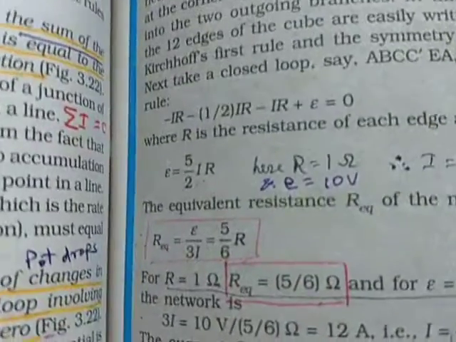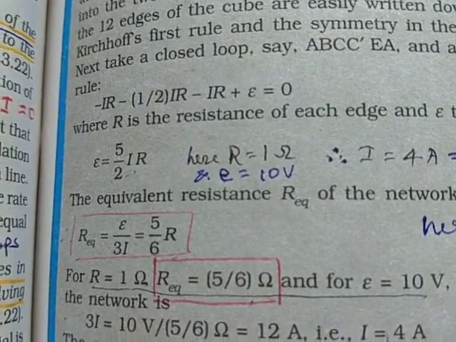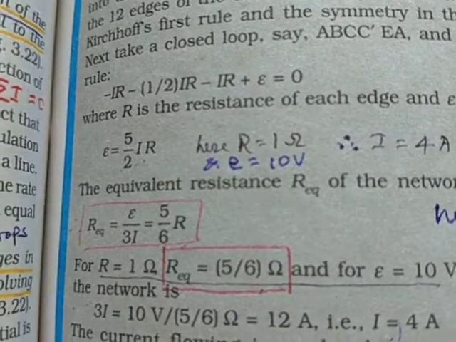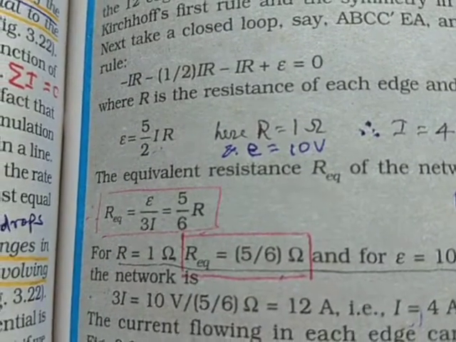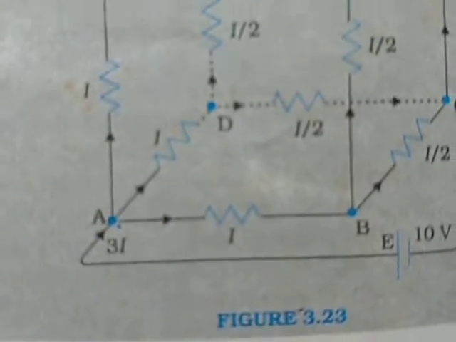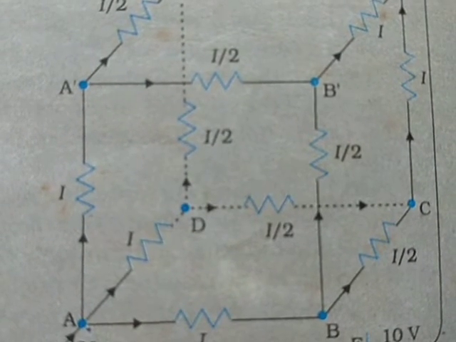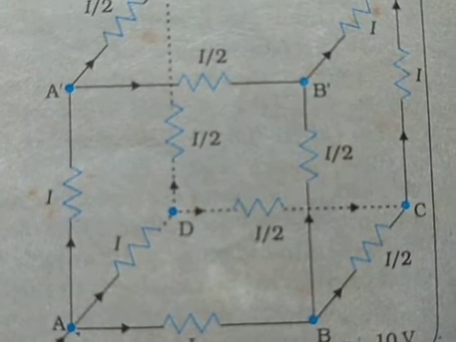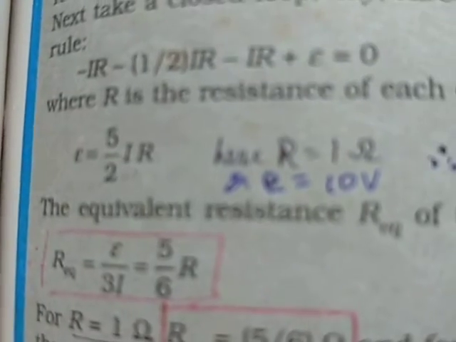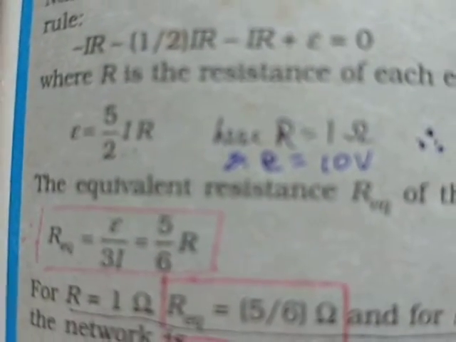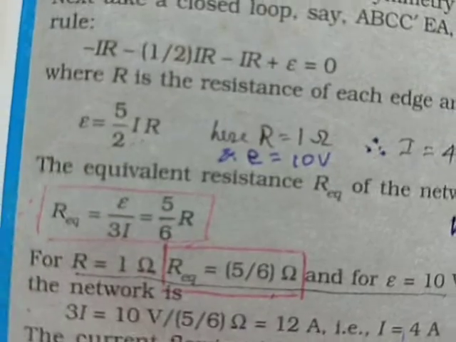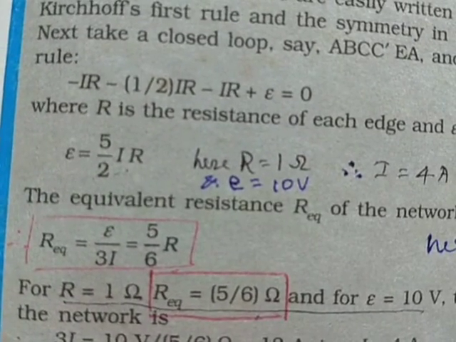And so we found this equation, and from this equation we have the EMF is equal to 5/2 IR. The resistance of each arm, AB, AA1 and AD, is the same, as already told. So we put the value of R and the value of EMF in this equation.